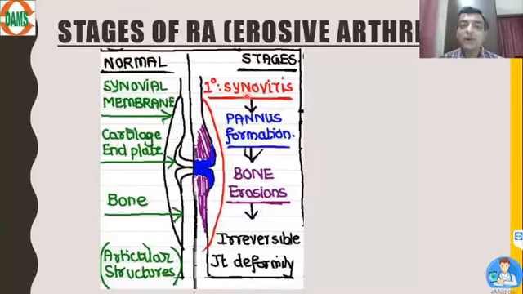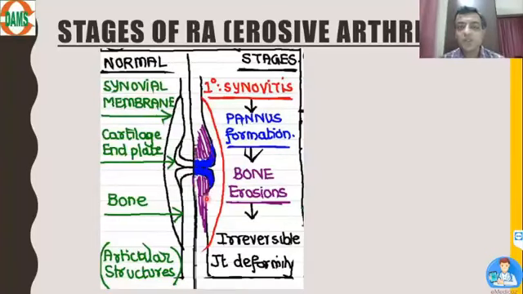If you do not treat the patient, the patient develops pannus formation. That is, the cartilage end plate becomes involved. There is erosion of the cartilage end plate, in blue. And finally, if you don't treat, the patient develops bone erosion, in purple.